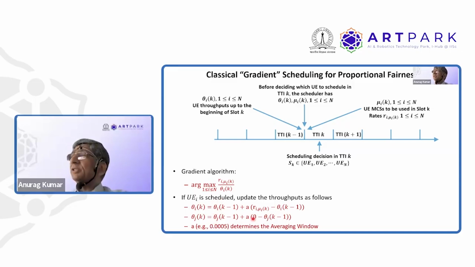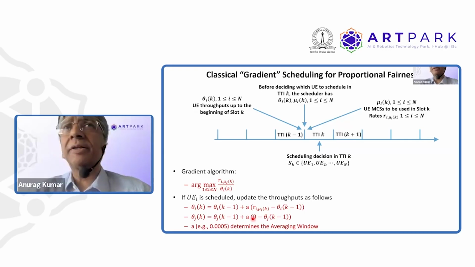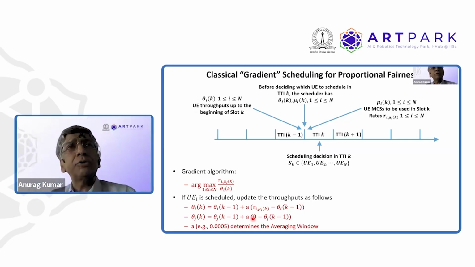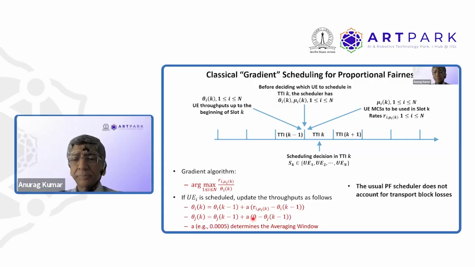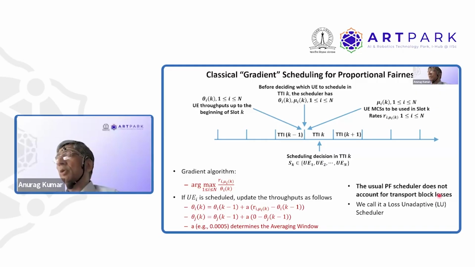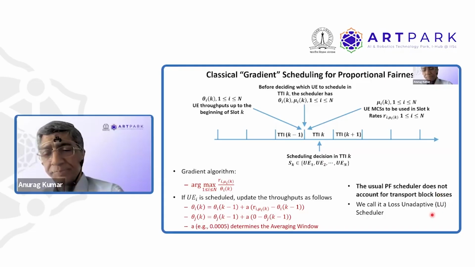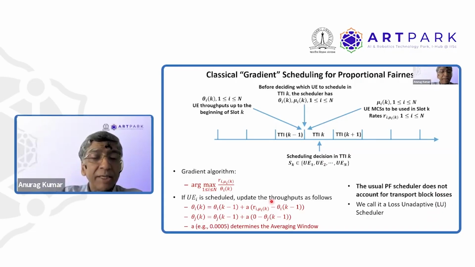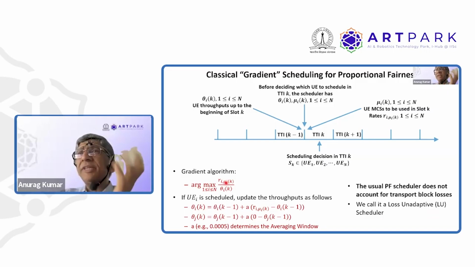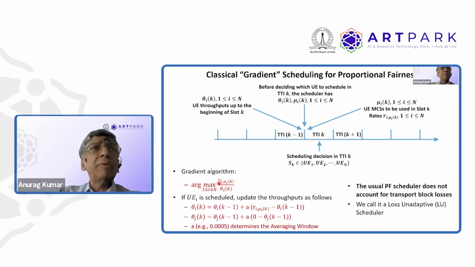Okay. Now the question is, can we incorporate the fact that you can lose data in proportional fair scheduling? The usual proportional fair scheduler does not account for transport block losses. So I give it a name: I call it proportional fair loss unadaptive. It doesn't care for loss adaptation. The proportional fair scheduler does the same thing whether or not you're going to have a loss.